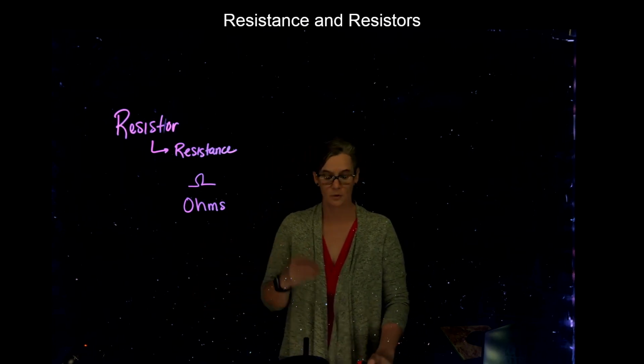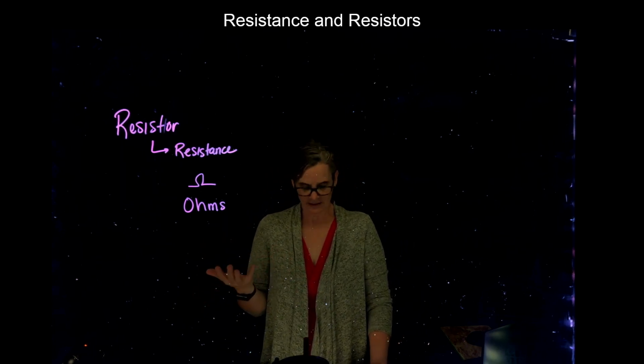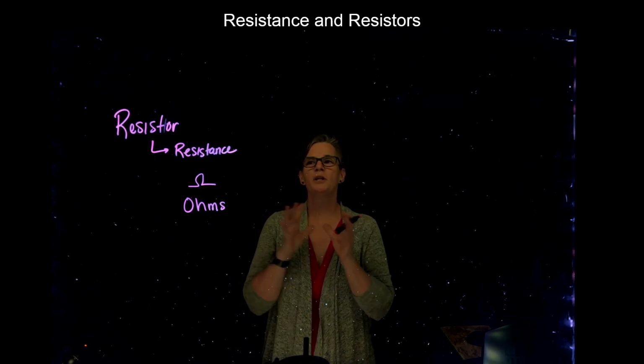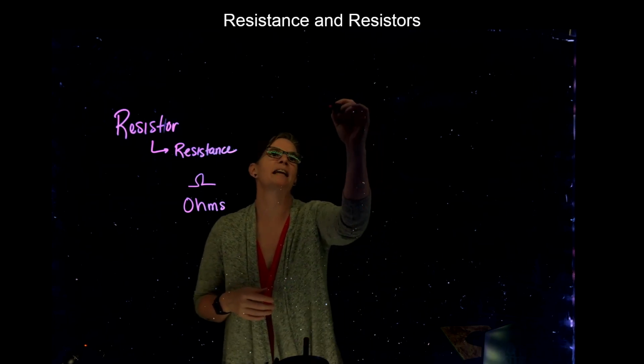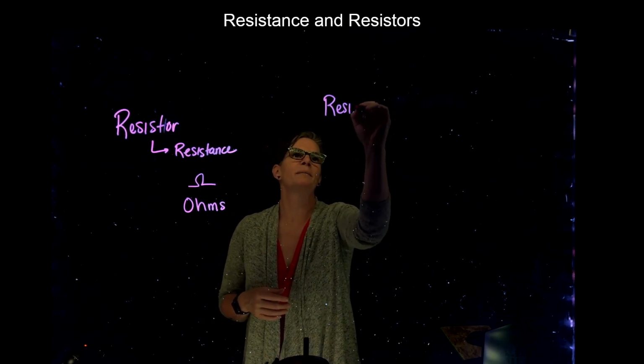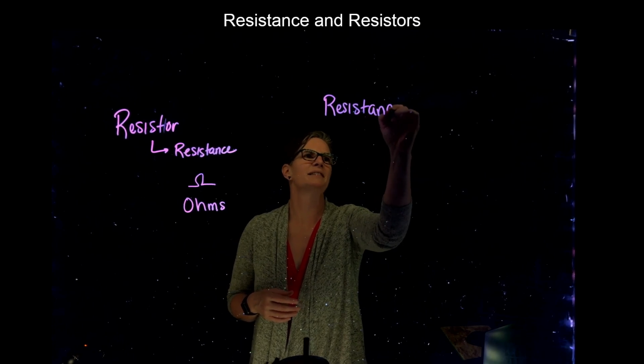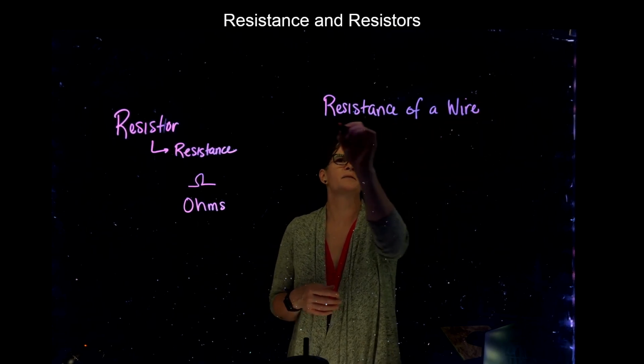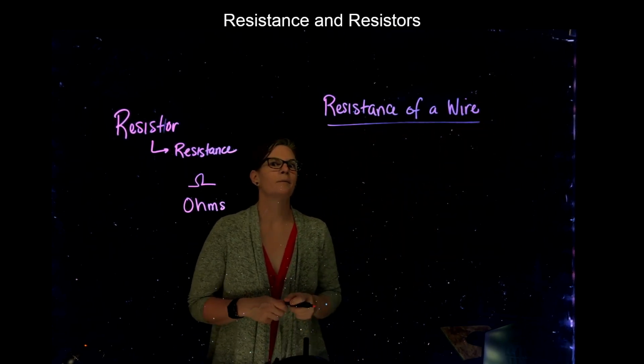Current flows through a wire, and as we've discussed, even wires have a level of resistance. So we're going to use the wire as an example of what might influence the resistance. Think about when you're at a party.